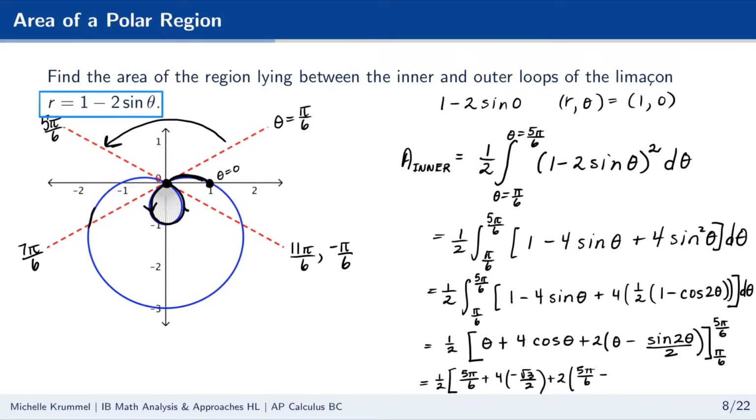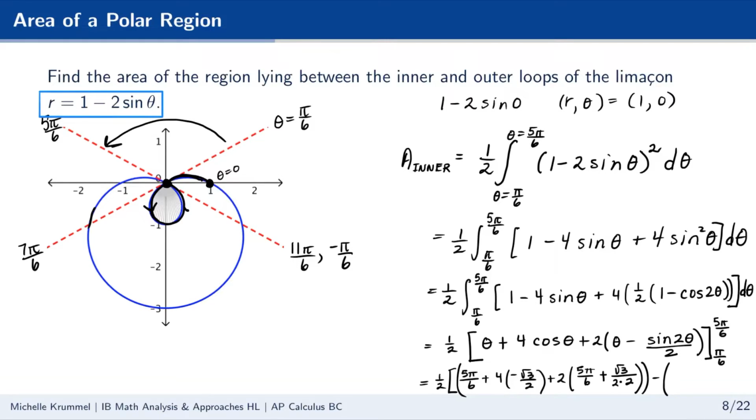So 5 pi over 3. 5 pi over 3 is quadrant 4. So that is going to be negative root 3 over 2, but then we have to divide that by 2, so that puts another 2 in the denominator. Phew, that's just the upper bound. Okay, that is just my upper bound, minus, and now we have to sub in pi over 6.